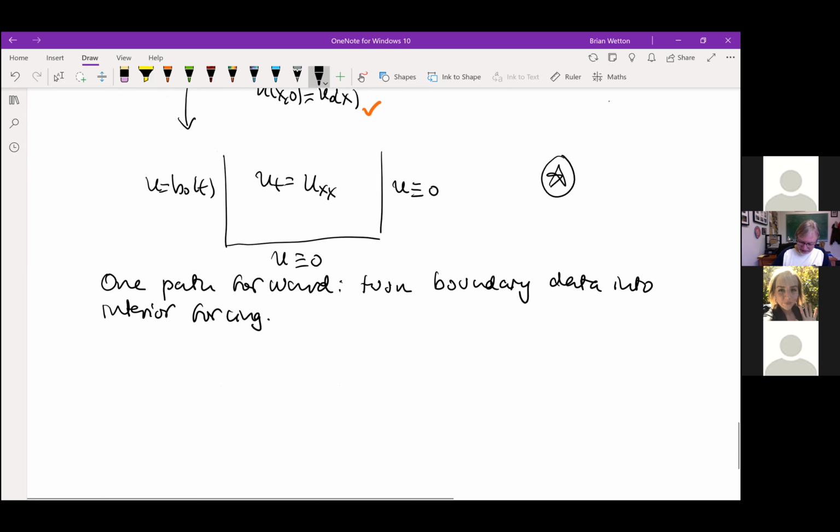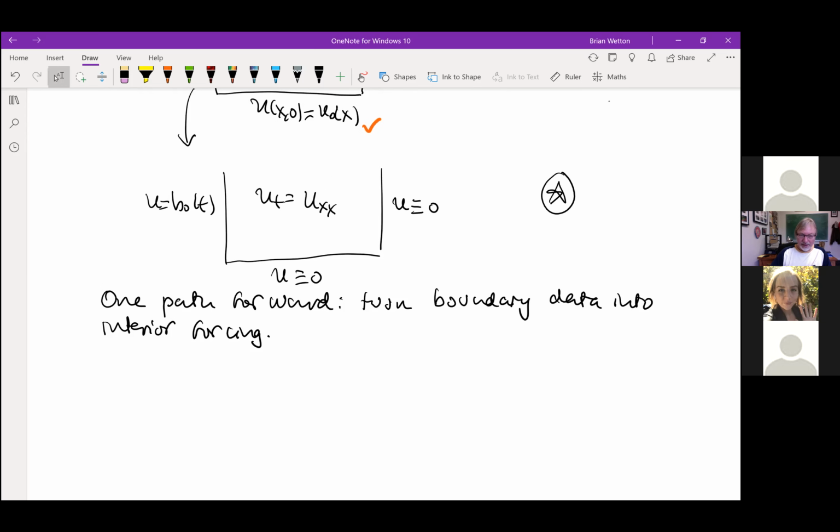So that is, let's zero out those boundary conditions and move the influence of the boundary conditions into some interior term, right? And here is the typical way you would do that for this problem. You look at a problem where you subtract off the boundary conditions.